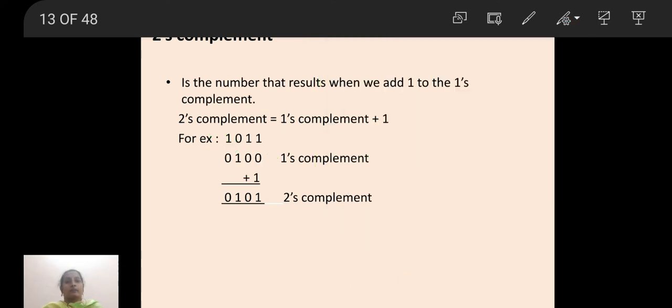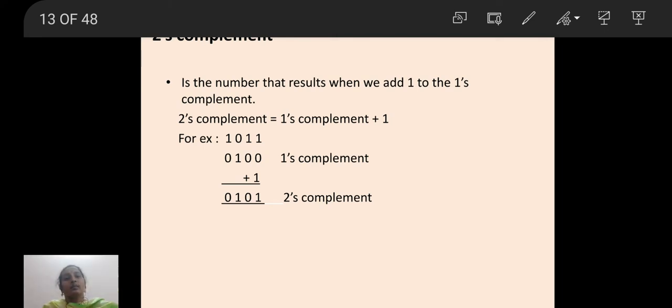Okay. See, 2's complement is equal to what? 1's complement plus 1. So why did I explain first on the whiteboard? Because it is a problem. If I read the slide, maybe it is difficult to understand. So first I would like to explain it on a simple blackboard. Then when you see the slides, it becomes easy to understand.